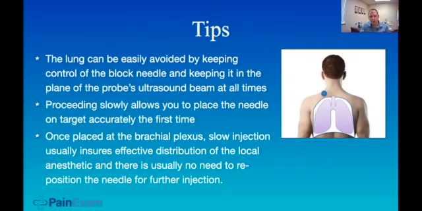You don't want to inject too quickly, because that can increase the risk of wasting your local in the wrong spot, or if you are in a blood vessel or near some open venous sinus, a high pressure injection could possibly cause more damage or side effects that we just don't want to deal with. We have enough problems.